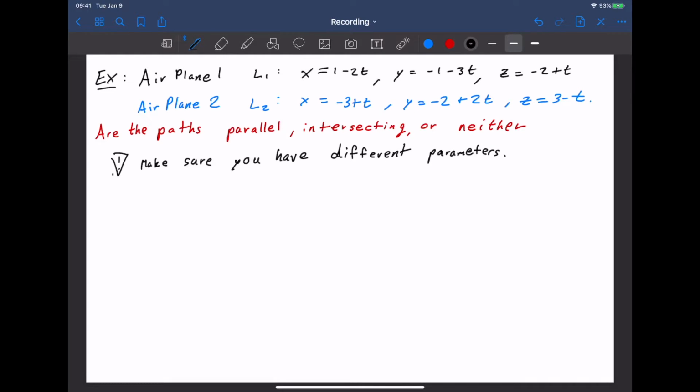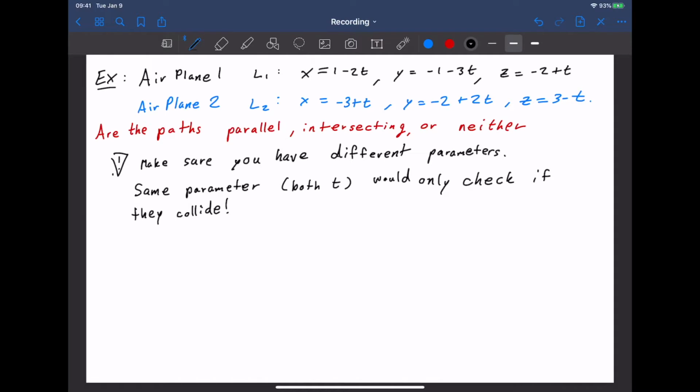The same parameter, like both t, like in here, would only check if they collide.